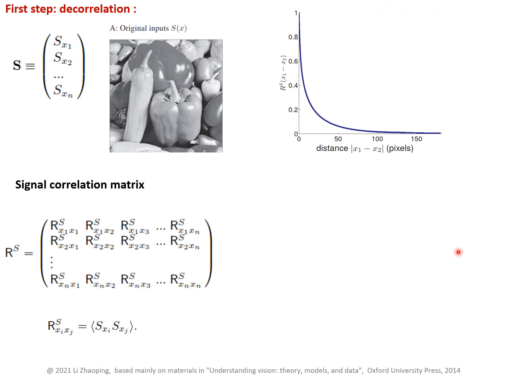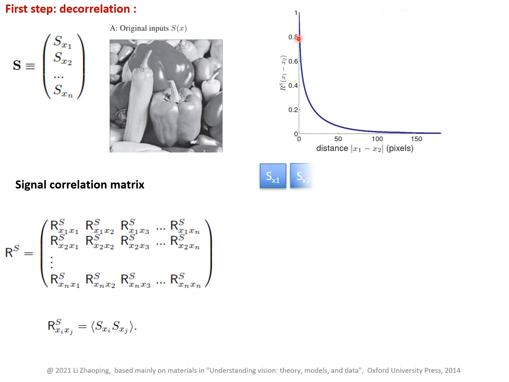In natural images, the correlation between two pixels decays with the distance between the two pixels. So the self-correlation, at distance 0, is the highest. This means all these self-correlations on the diagonal are equal to each other, and they are the highest.